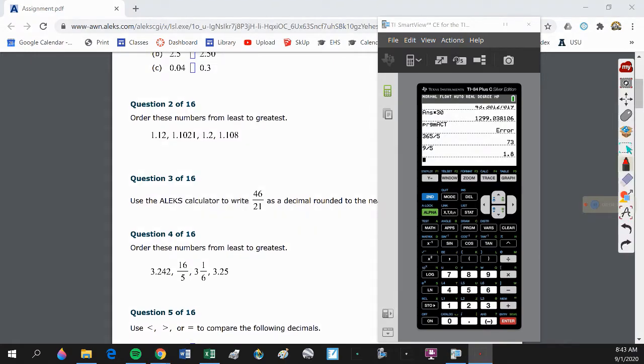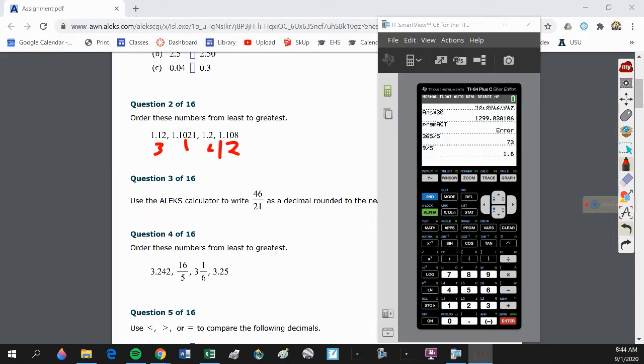So which of those 4 numbers is the smallest? That one's the smallest. Okay, what is the next smallest? This would be second in line, third, and fourth. You guys good with that?